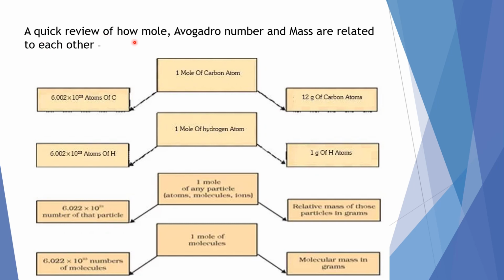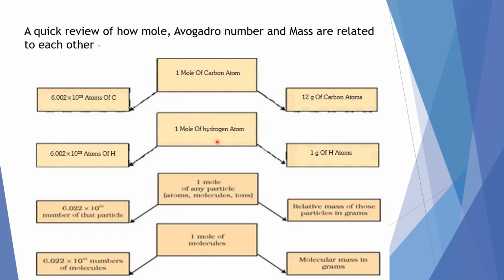Next, a quick review of how mole, Avogadro number and mass are related to each other. You can see the same table in your textbook, page number 40. See, first we will take 1 mole of carbon atoms. 1 mole of anything, be it carbon or carbon dioxide or carbon monoxide or oxygen, means how many? 6.022 into 10 power 23 atoms of carbon.